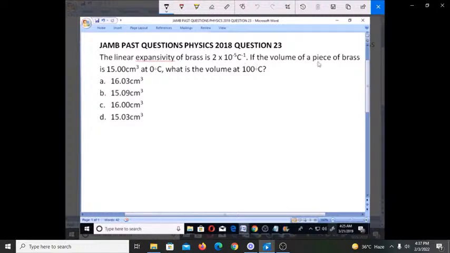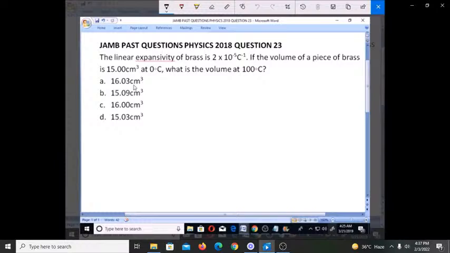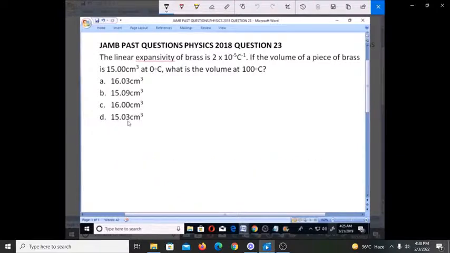If the volume of the piece of brass is 15.00 cm cubed at 0 degrees Celsius, what is the volume at 100 degrees Celsius? A, 16.03 cm cubed. B, 15.09 cm cubed. C, 16.00 cm cubed. D, 15.03 cm cubed.